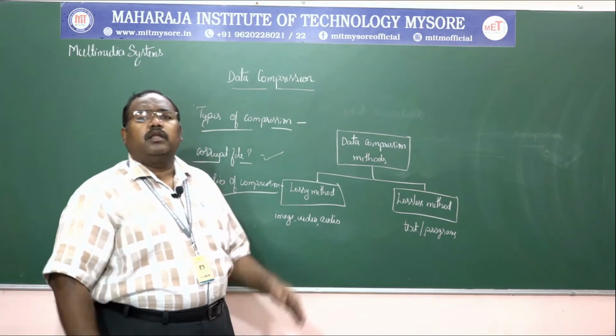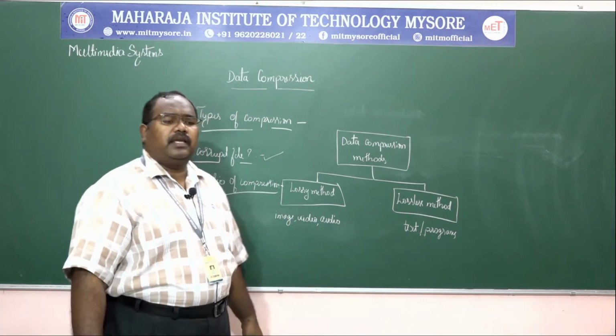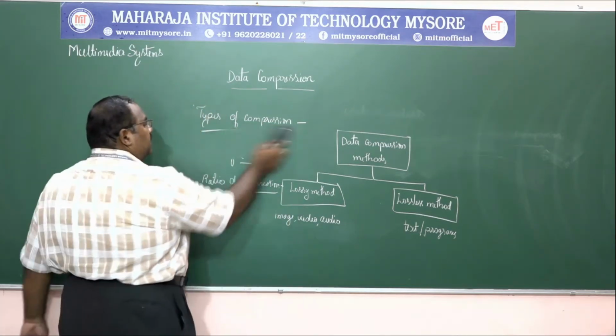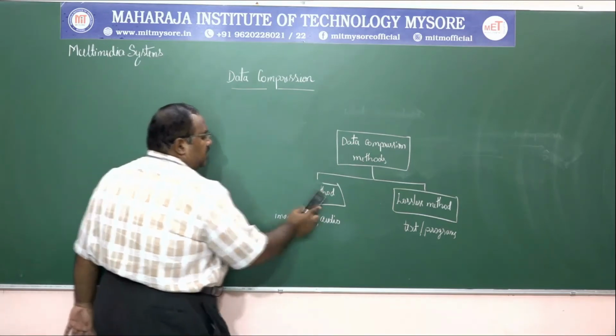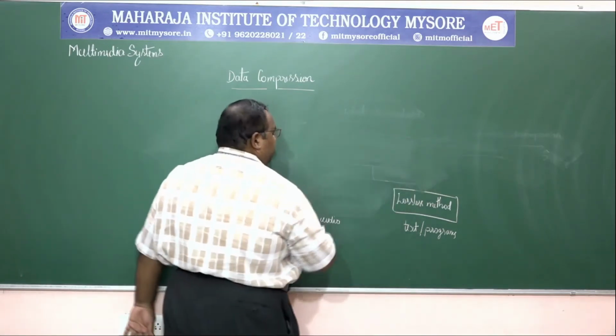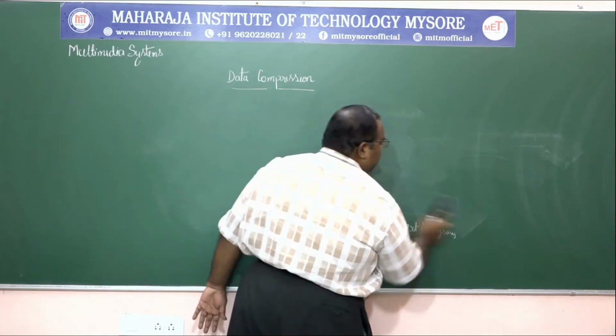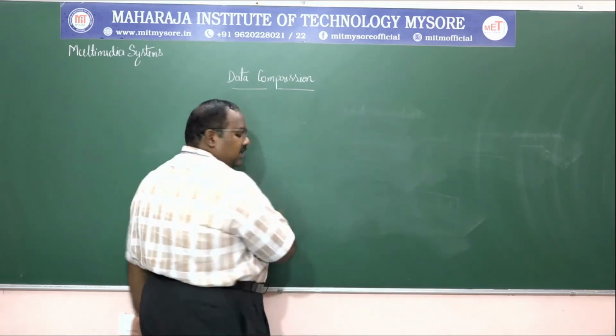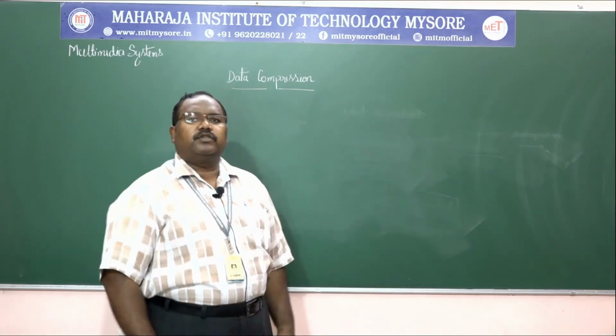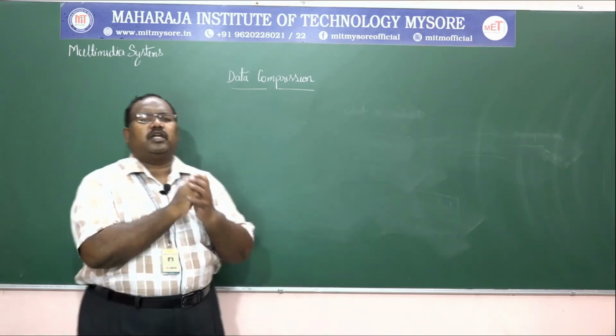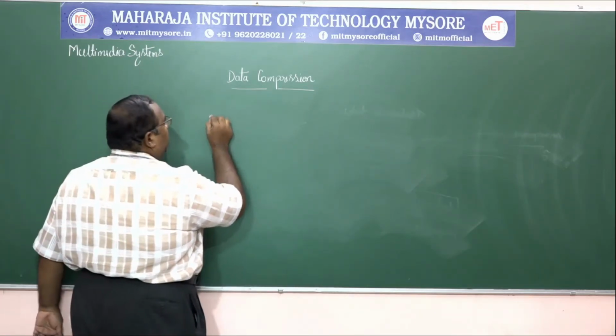Next, a few more things need to be made very clear. There are a lot of terminologies, and many students make themselves confused about a few of them. What are those?